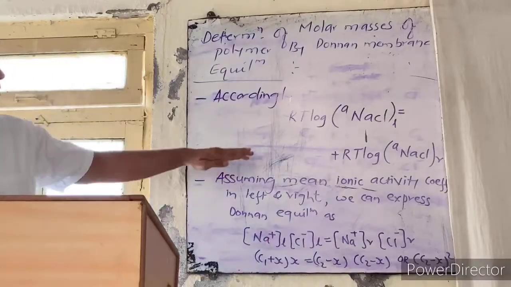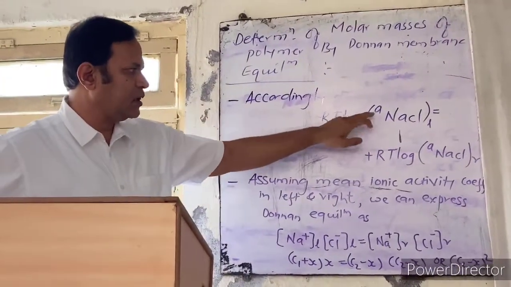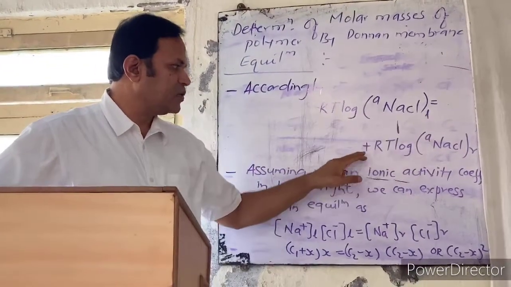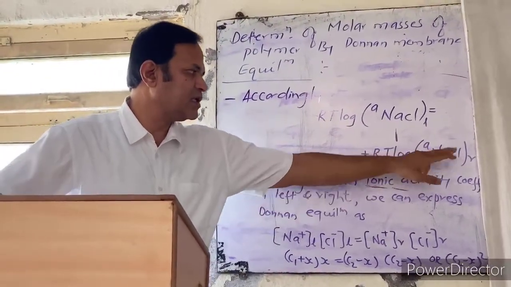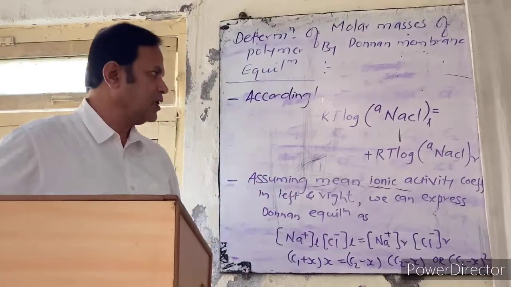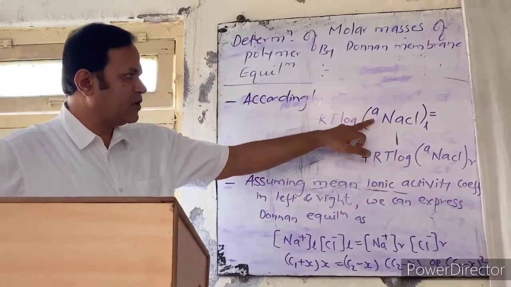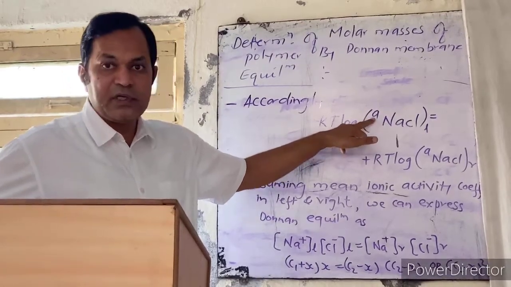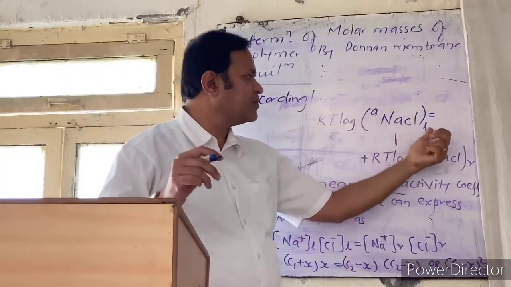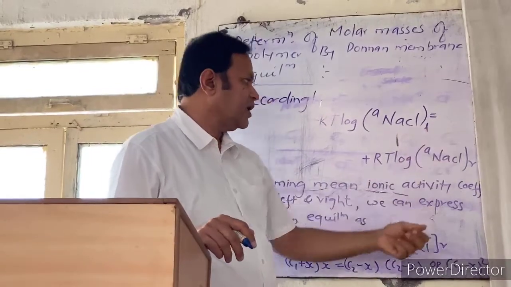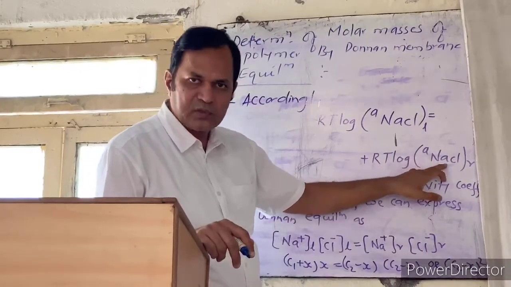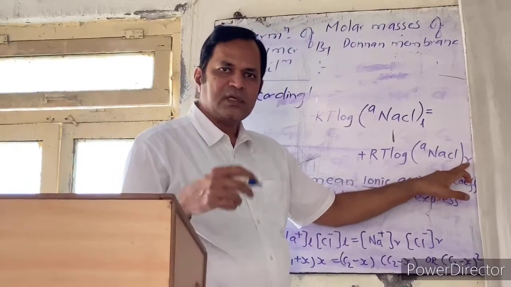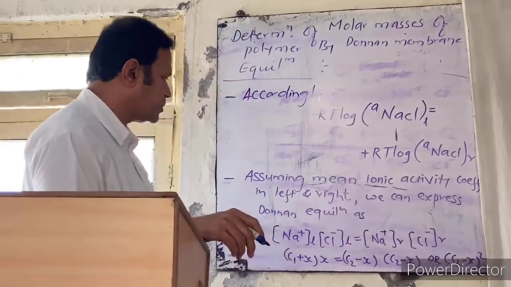Accordingly, RT log a of NaCl (l) is equal to RT log a of NaCl (r). Here small a is the activity of sodium chloride, small l refers to the left compartment, and small r refers to the right hand side compartment across the semi-permeable membrane.